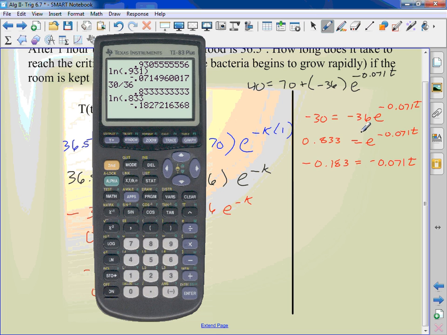The ln of e to the negative 0.071 t just gives me negative 0.071 t. So I take the negative 0.183 divided by negative 0.071. It takes 2.58 hours. So after about 2.5 hours, you're starting to reach critical temperature. So after 3 hours, bacteria is getting bad.